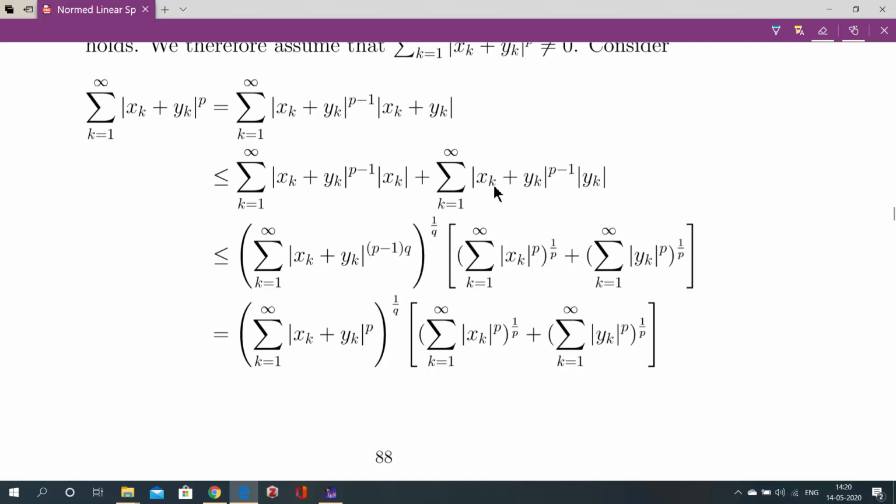This term is common here, and this is equal to the modulus of xk power p whole raised to power 1 by p, times the modulus of yk power p whole raised to power 1 by p, and this will be divided and multiplied with the q over the q out there. So using the property of exponent conjugates, p minus 1 into q is equal to p, and this is equal to this part.